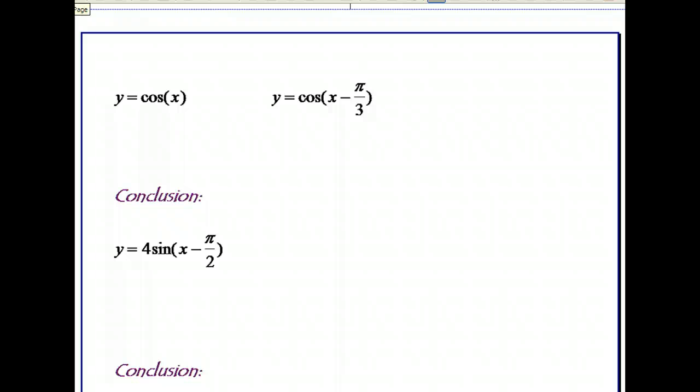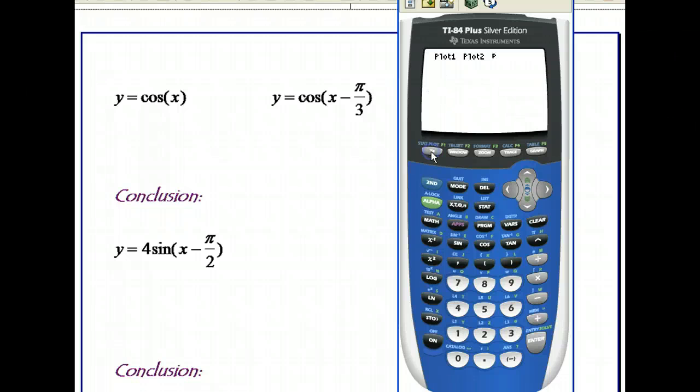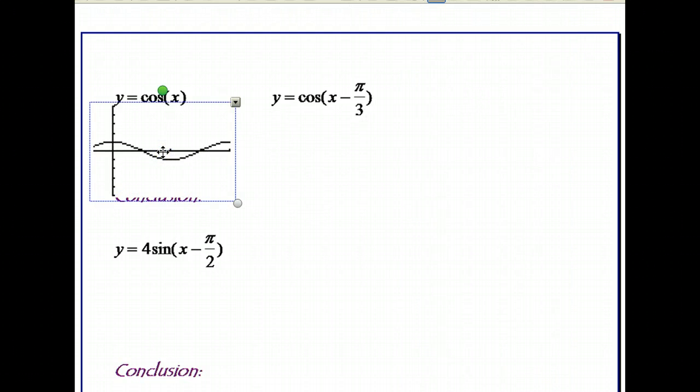So let's take a look at our cosine graph now. So once again, let's pull up our calculator. Let's just graph the cosine of x. And here comes our rudimentary cosine graph. All right. Now, I'll pull it up again.